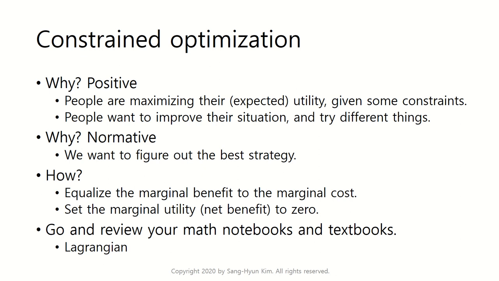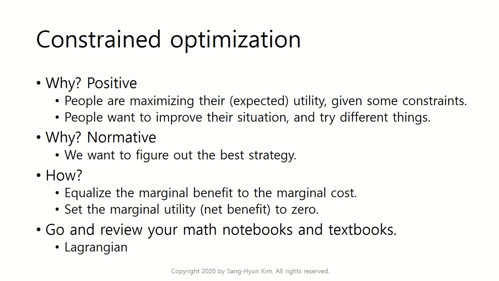Then how do we optimize given constraints? Probably you have done this many times in other economics classes, so you probably know what I mean by this: to equalize the marginal benefit to the marginal cost, right?